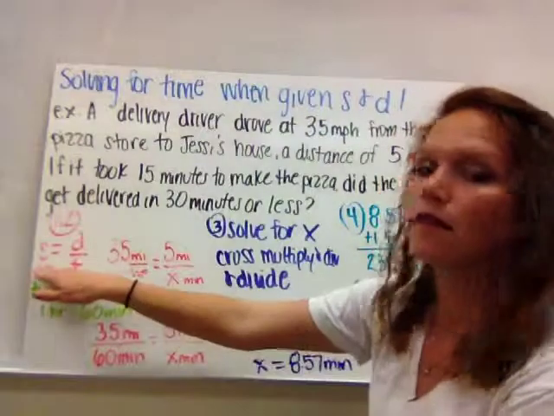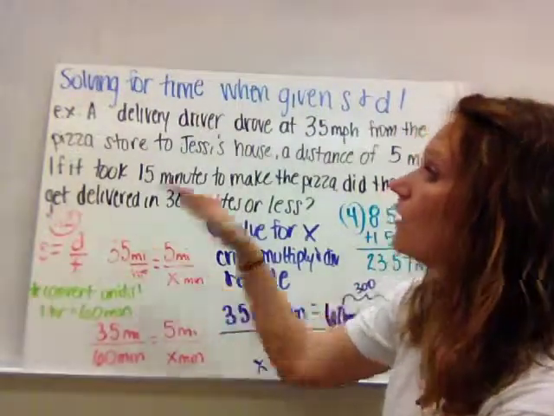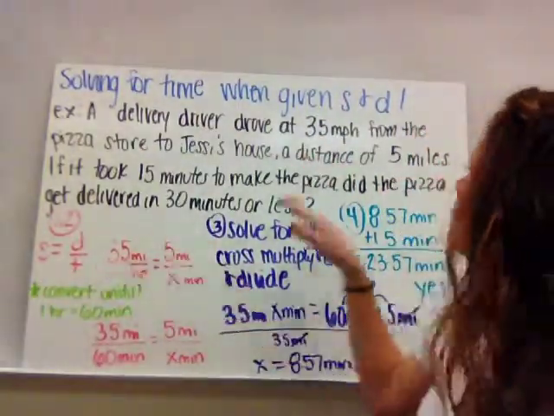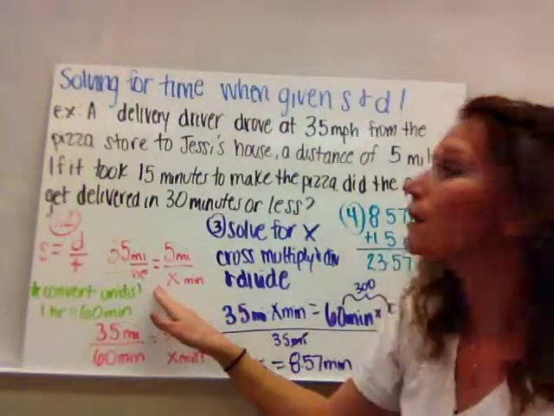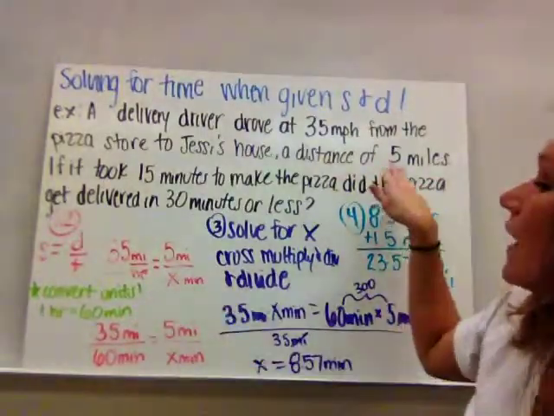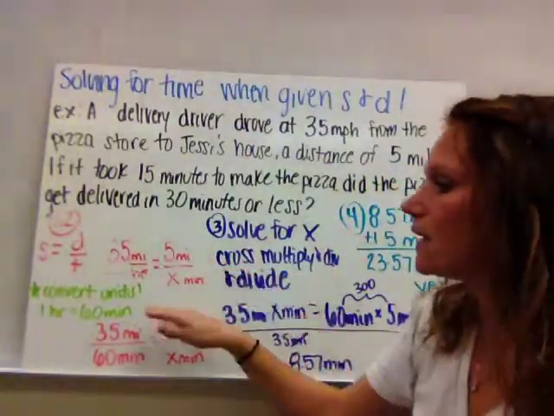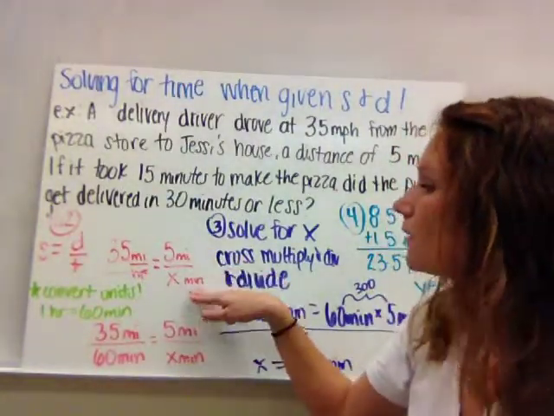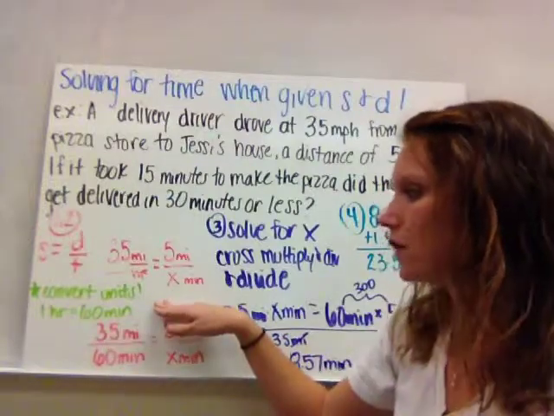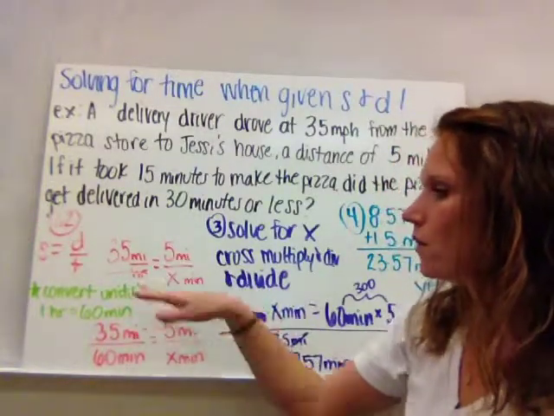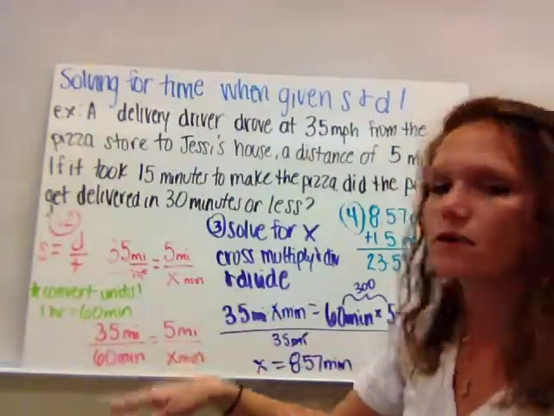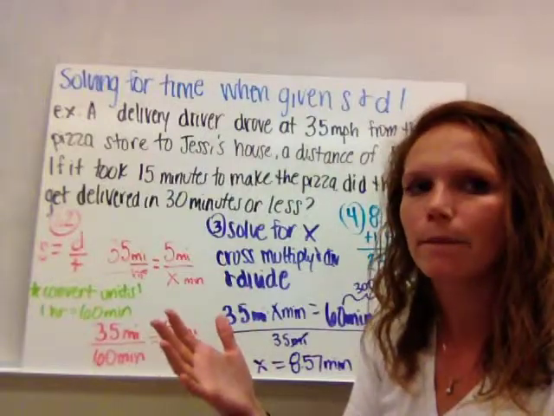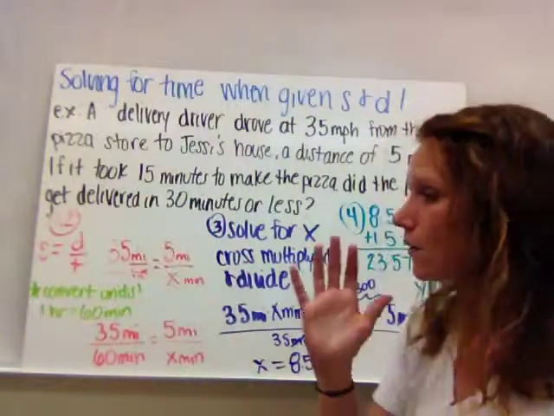So step 1, there's your formula, and you've plugged in what they give you. They gave you that the car drove at 35 miles per hour, and that it drove for 5 miles. It wanted the time. So in this case, you have to convert units again. Now we are going from hours to minutes, whereas in the other problem we went from minutes to hours.